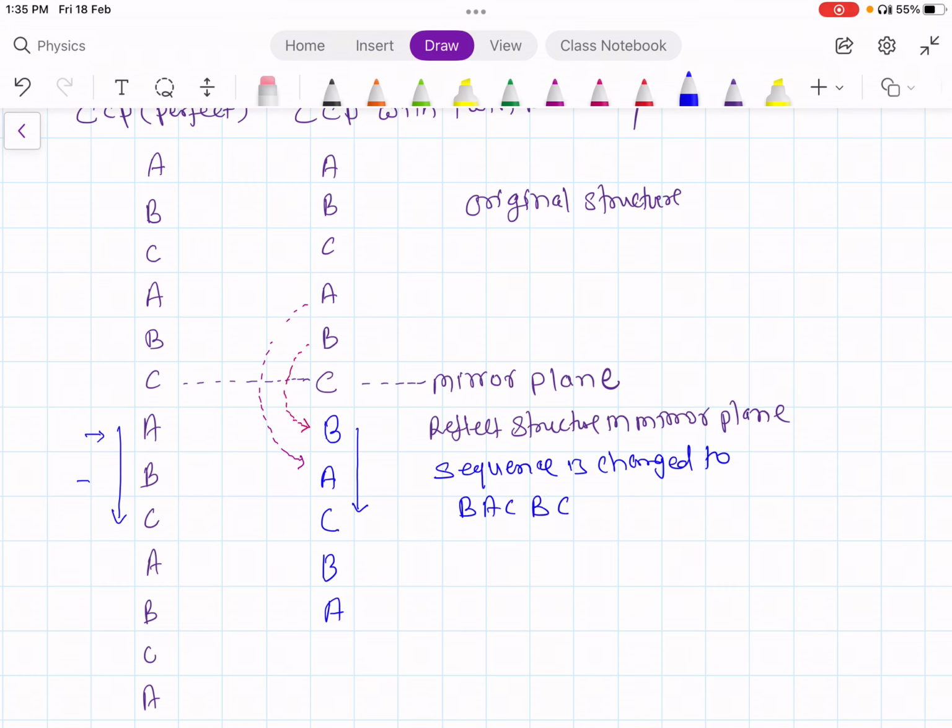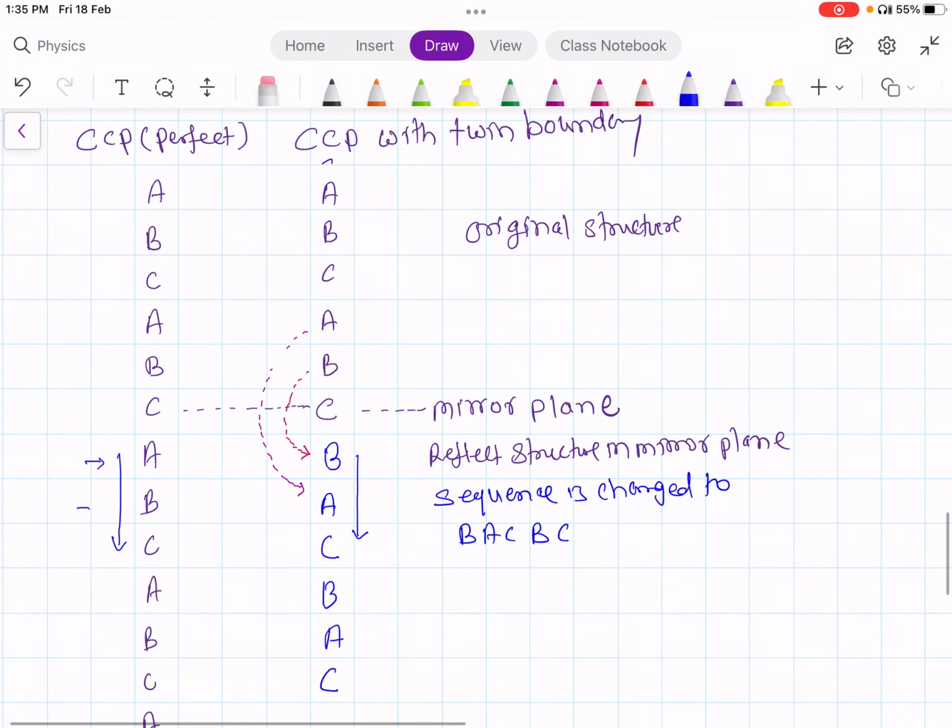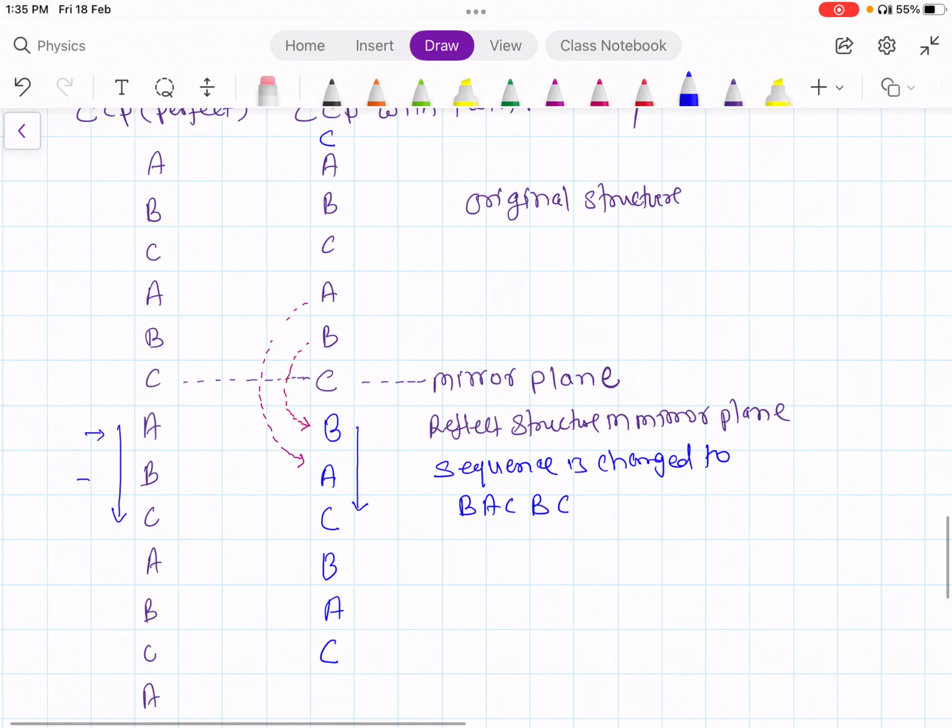BAC. This is C over here, because after A, we'll get C here. So I'm getting C over here. BAC. So the sequence changes from ABC, ABC to changed.